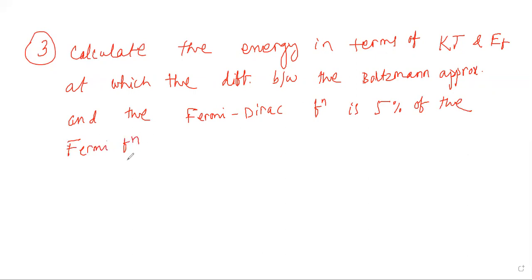So what do we need to do? Calculate the energy in terms of kT and EF, the Fermi energy level, at which the difference between the Boltzmann approximation and the Fermi-Dirac function is 5% of the Fermi function. We just need to write a simple mathematical equation.